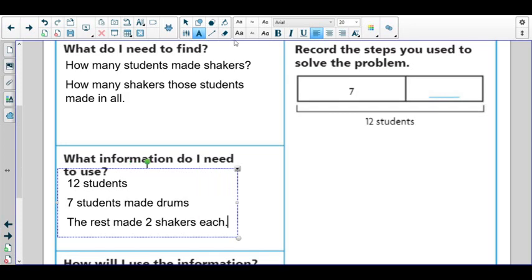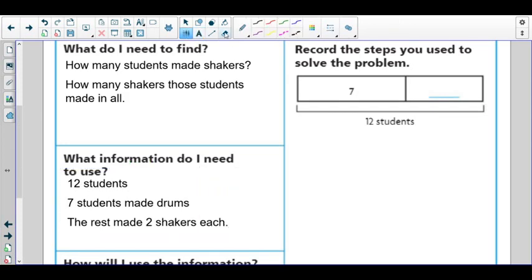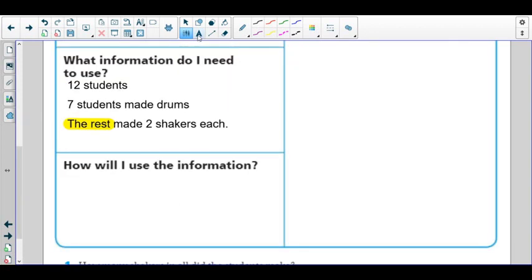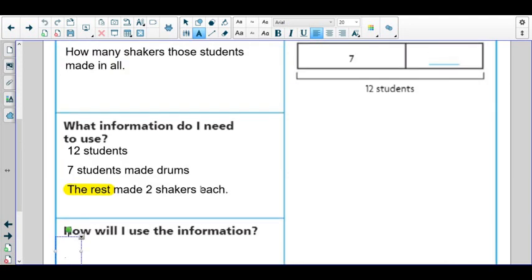And I think this right here is going to be the key, the rest. We have to know how many. I think that goes up here to how many students made shakers. Okay? And then how will we use this information? I think we will. Well, let's just see if we can figure this out first over here.